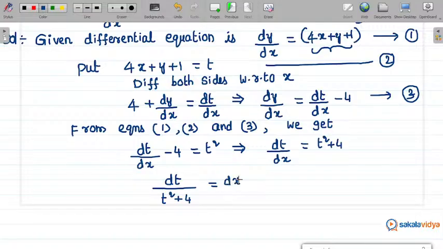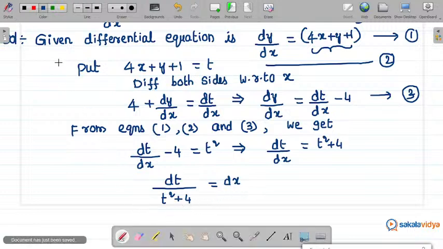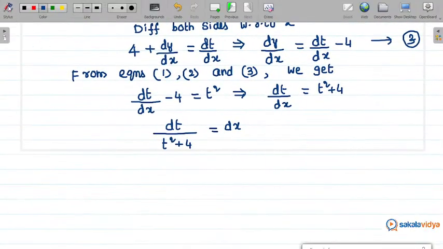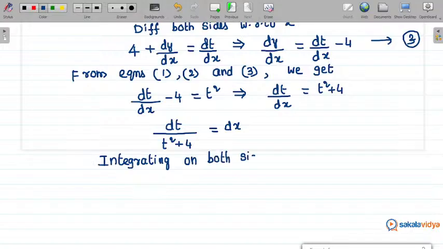Can I write like this? dt by dx is equal to t square plus 4 itself only. So, now integrating on both sides.